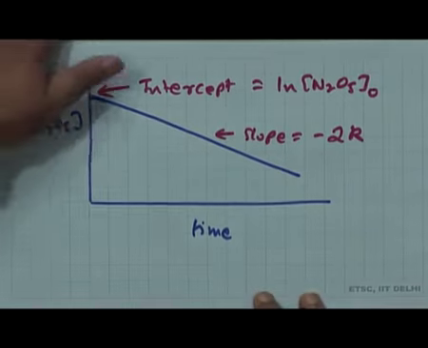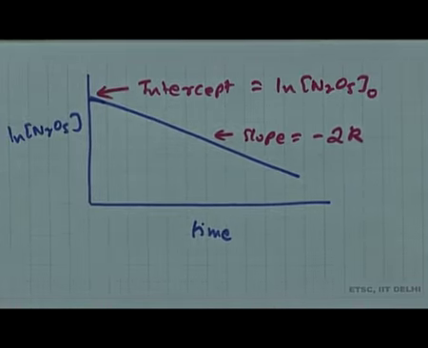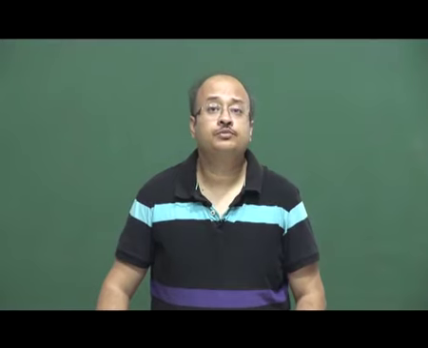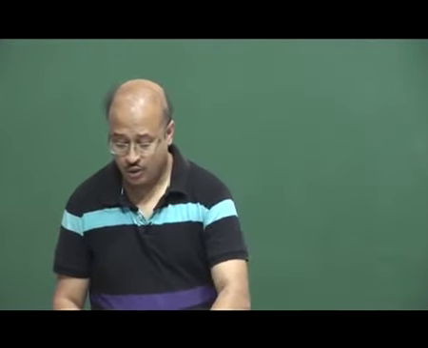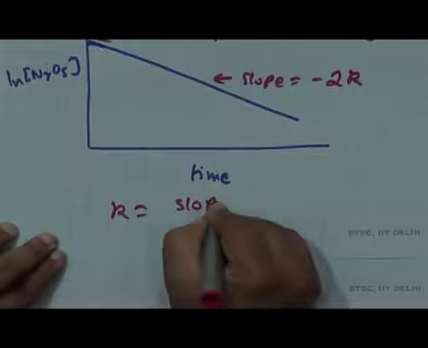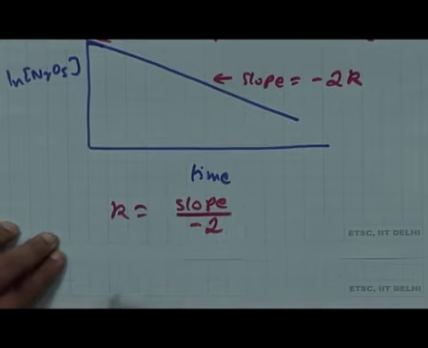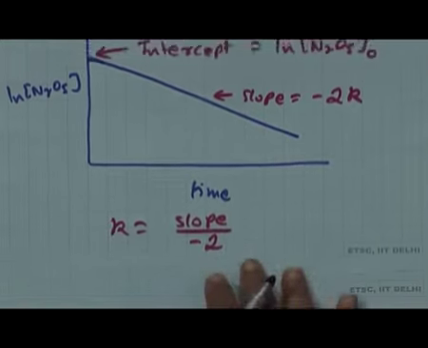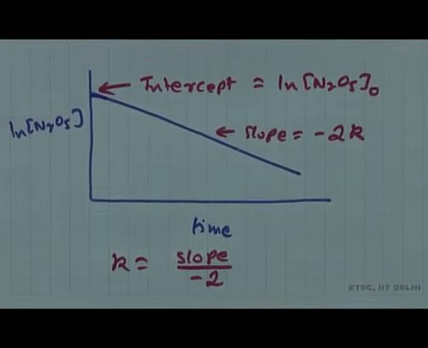It appeared when you were trying to calculate the slope. If slope is equal to minus 2 K, then K is equal to slope over minus 2, right. So, this is how the reaction stoichiometry is taken care of.